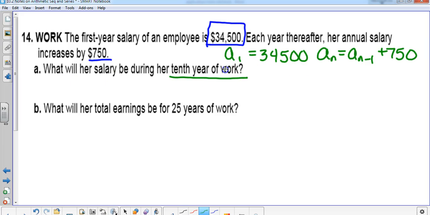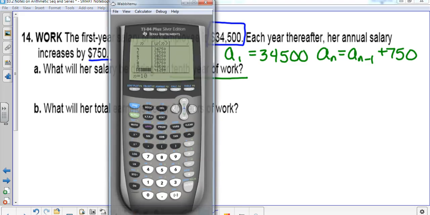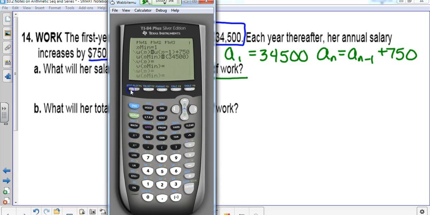If we were doing it the way I just set it up, we could go to the calculator. Do you remember going to y equals? Well, you're in sequence mode. Do you remember how this goes? You would say I'm going to call the first term term 1, so that goes in the first blank.